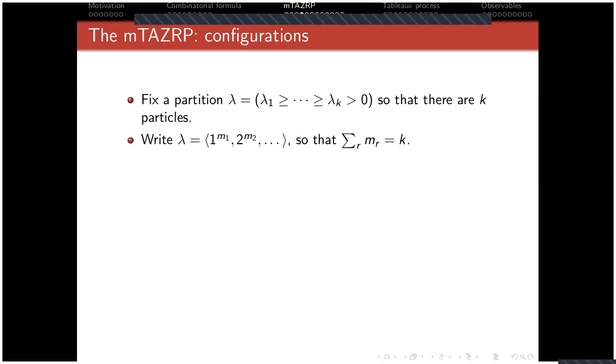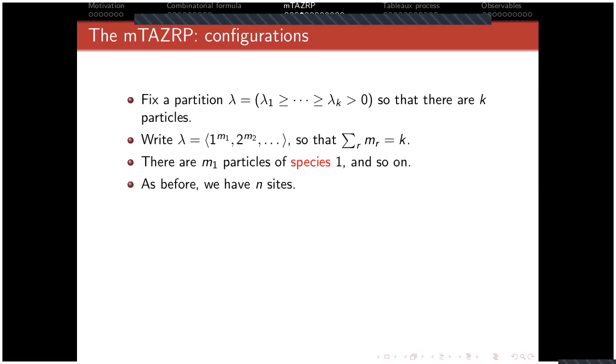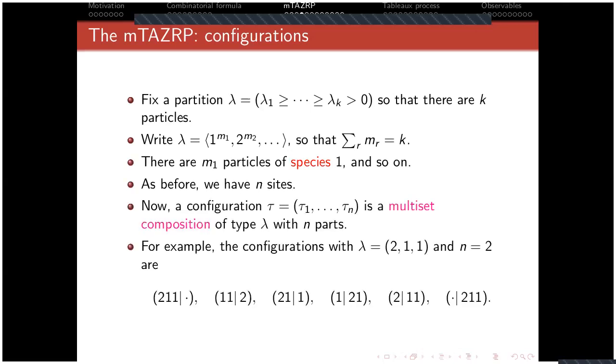So there are m1 1s, m2 2s, and so on, and the sum is k, the total number of particles, and we have n sites. Now you can have any number of particles of any type at any site. Each configuration is what we call a multiset combination of type lambda and size n.